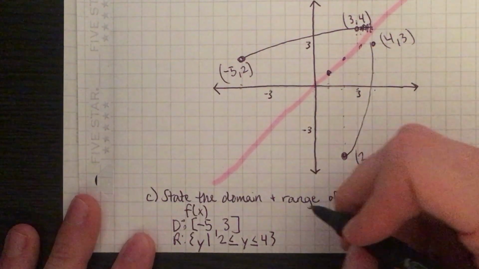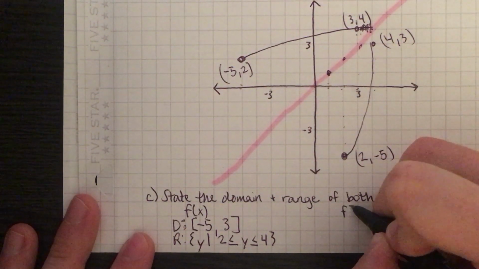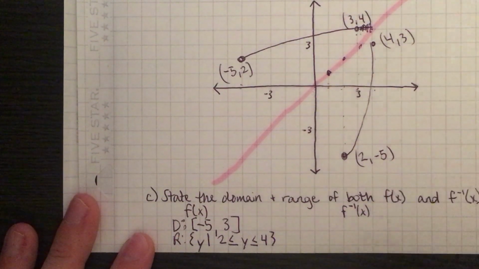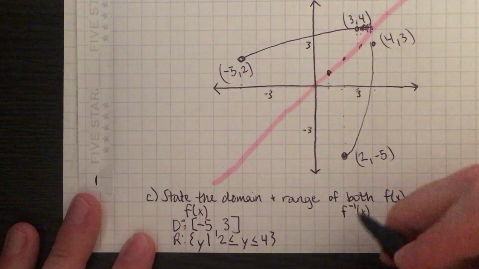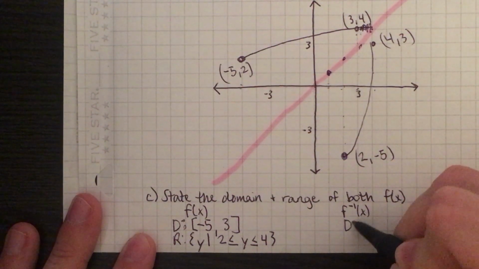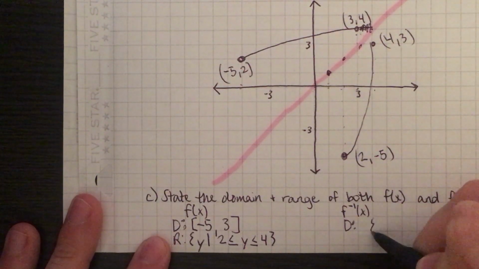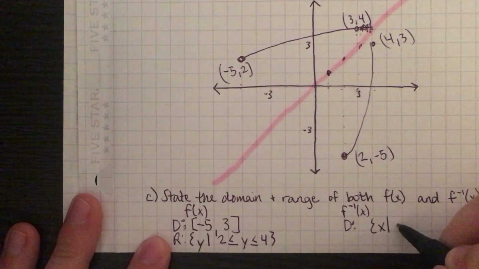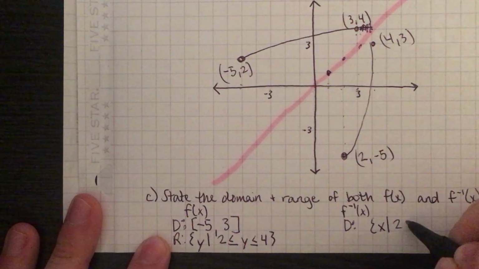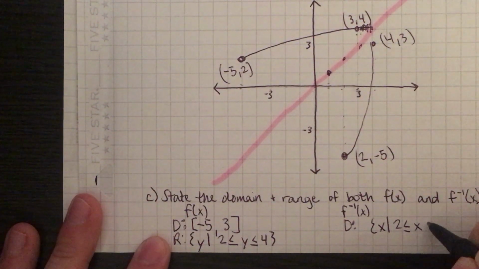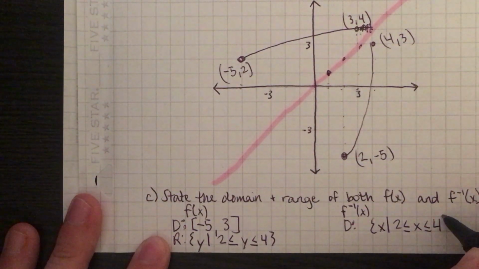And then for f inverse of x, all that we're going to do is switch these two things. So the domain isn't going to be y still. It's going to switch to x. x such that 2 is less than or equal to x is less than or equal to 4.